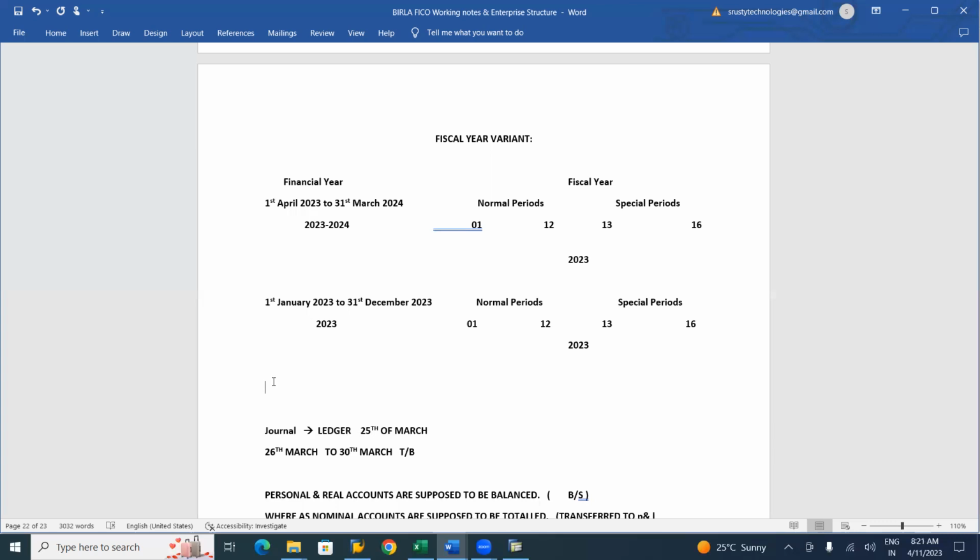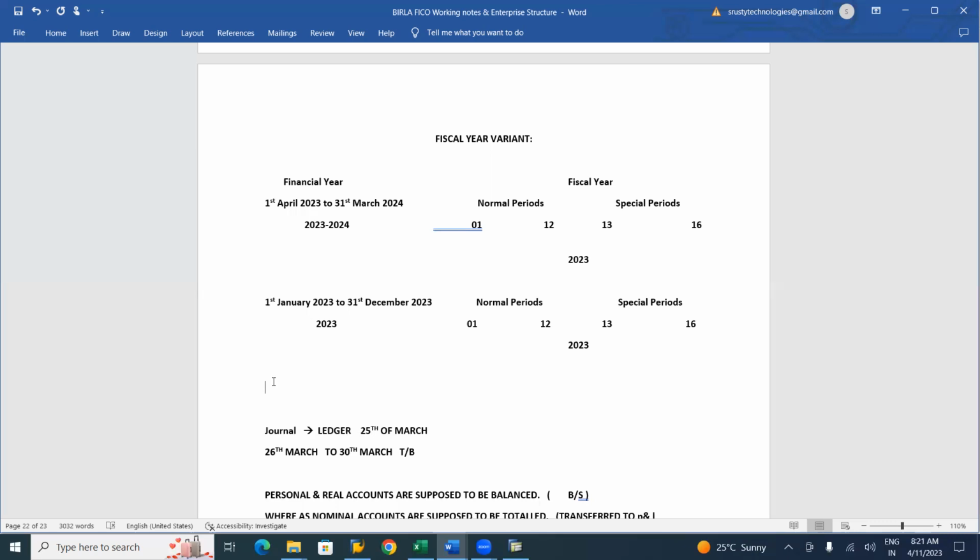If we club them under one and call it a COVID variant, that could be anything like this. Same thing here: SAP has given different fiscal year variants, SAP standard variants. An SAP standard variant is nothing but clubbing different attributes under one.